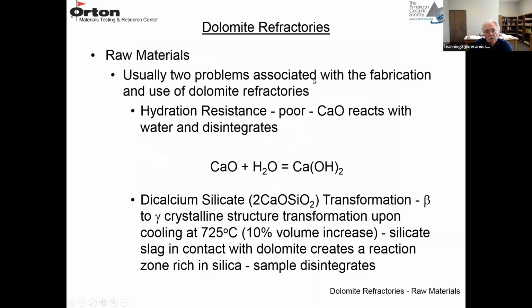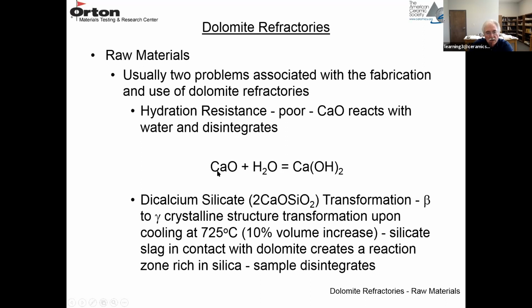So there's two issues associated with processing and using dolomite refractories. And we mentioned hydration resistance. It's extremely poor. CaO reacts with water and disintegrates. So CaO plus H2O yields calcium hydroxide.